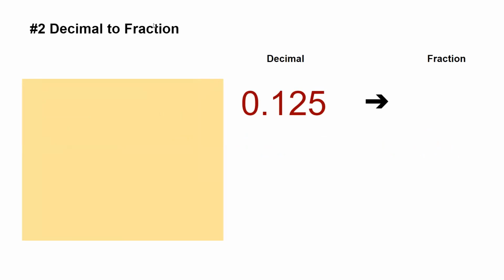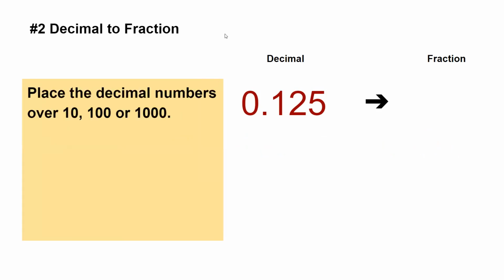Going back the other way is definitely the most difficult of these 4. So let's go through that. We want to convert the decimal 0.125 into a fraction. We are going to place these numbers, 125, over one of these numbers in order to create a fraction.